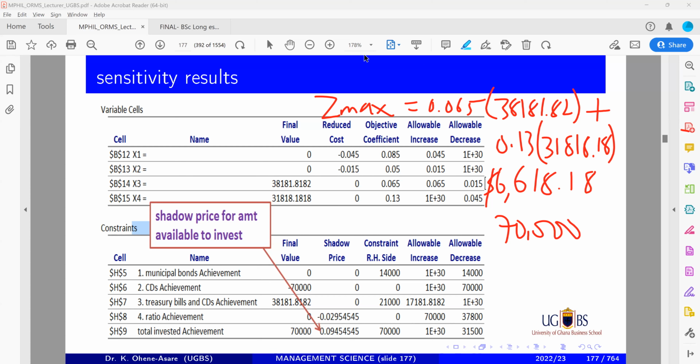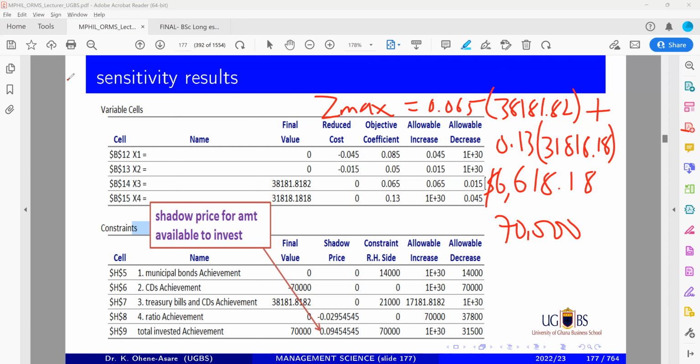Princess? Yes, she did, because she invested 38,181. When you add that one to what she invested in the treasury, the CPO and then the growth stock, it will give you 70,000.